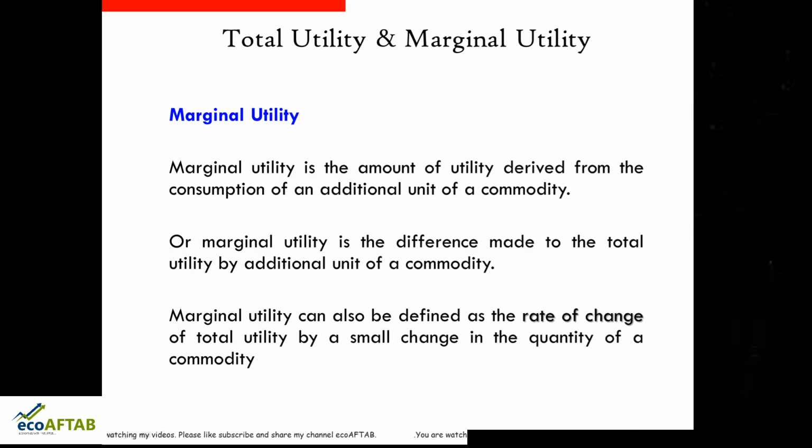So marginal utility can be defined as the rate of change of total utility by a small change in the quantity of a commodity. Intentionally I have brought this particular meaning of marginal utility into today's class.